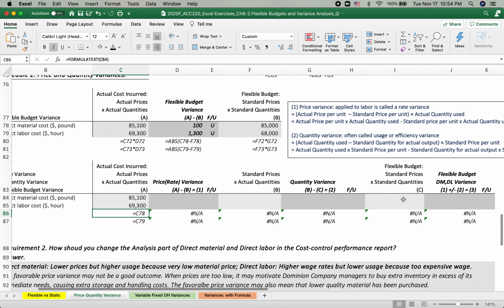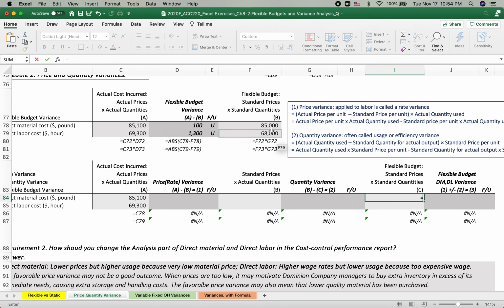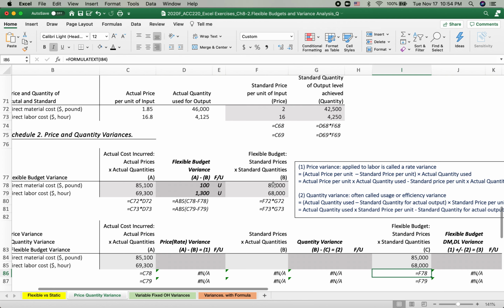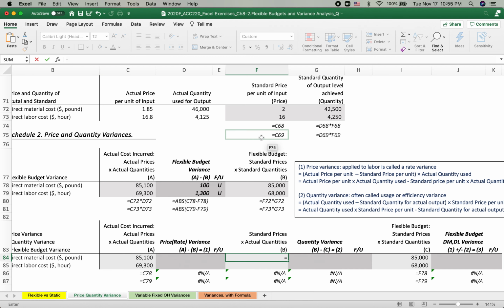Okay, I will convert this flexible budget from there to there. And then the standard price times the actual quantities, in order to calculate the price variances and the quantity variances. So standard price per unit $2 times the actual quantity. What is the actual quantity? There we go, the 46,000.